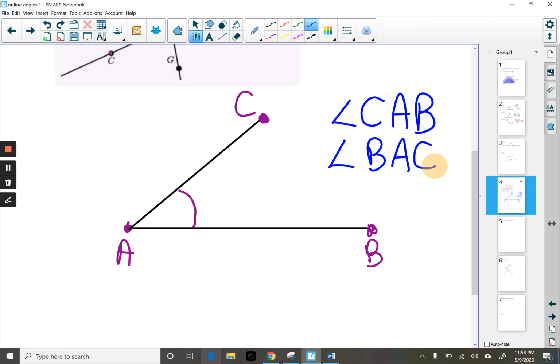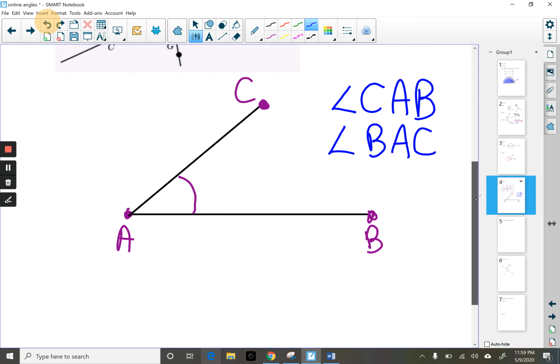Sometimes you may see a little letter here, A, that also is angle A. But more often than not, we're going to be labeling them with the actual letters that we see here, BAC, CAB, just so we make sure we're not talking about things like C to D. It would be this angle right there. We don't want to use that angle right there, and that's kind of an example.